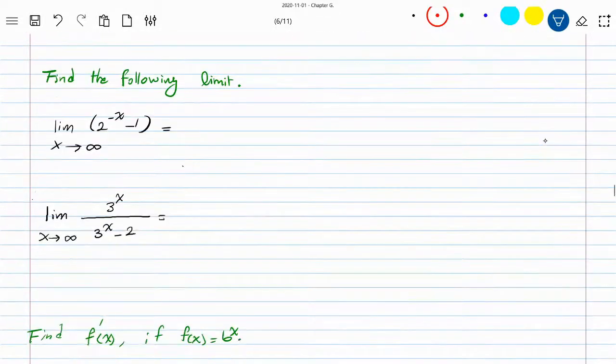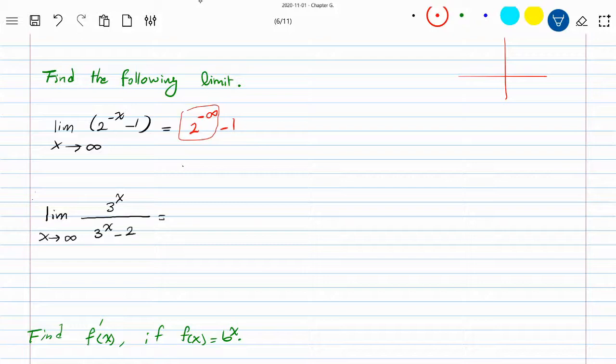So here, use the idea that we had for increasing and decreasing and find the following limit. What is the limit of 2 to the power negative x minus 1 as x approaches infinity? If we replace x with infinity, what we get is 2 to the power negative infinity minus 1. Think about 2 to the power negative infinity.